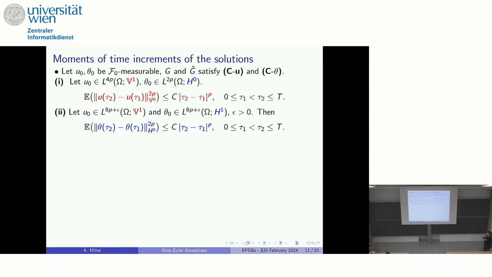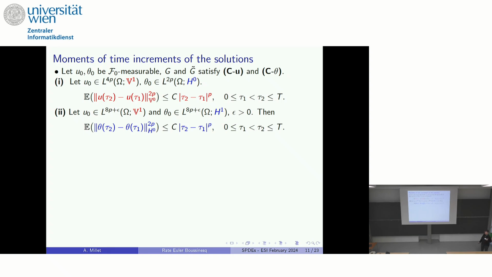If I want to describe time increments of the temperature, I have to ask for regularity for the temperature. Okay, so that's very good. I have a very nice control of time increments in the L2 norms, both for velocity and temperature. But again, I will have to raise regularity by one step, and that's not going to be good enough.